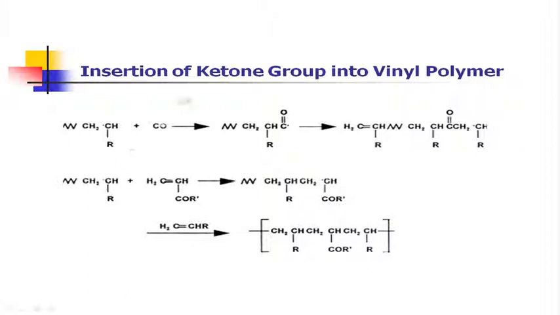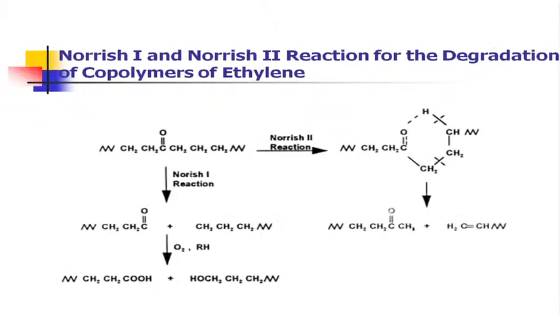Similarly, a ketone group can also be inserted in a vinyl polymer, and here you see some CO group has been inserted by this chemical reaction, and such insertion of a ketone group can also help degradation of vinyl polymers.